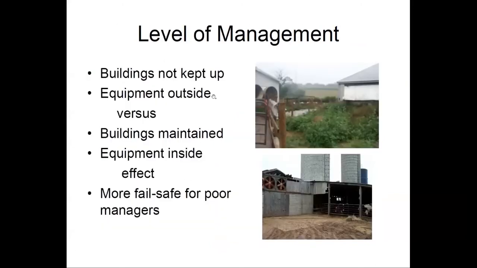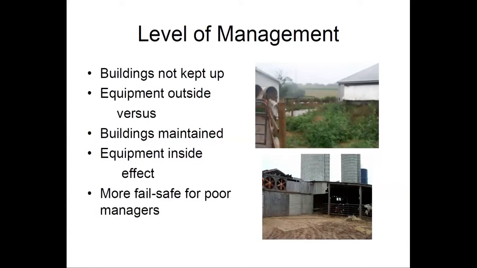So when you're out there, look at the things that indicate levels of management. If your buildings aren't kept up, if your equipment's outside versus being inside, that can indicate how well some of these things are going to be managed.